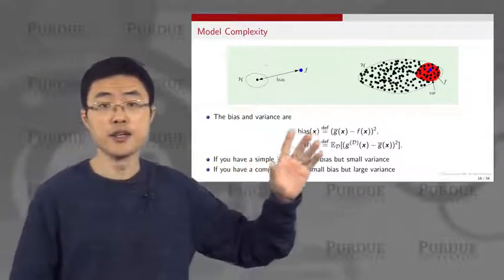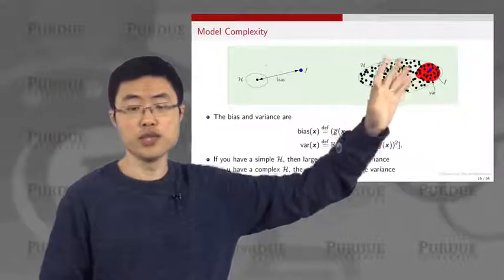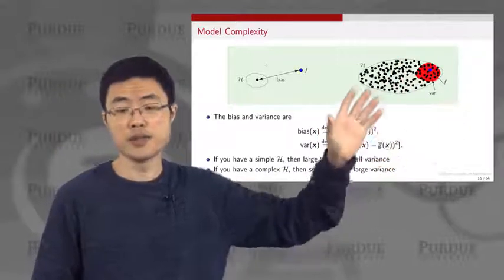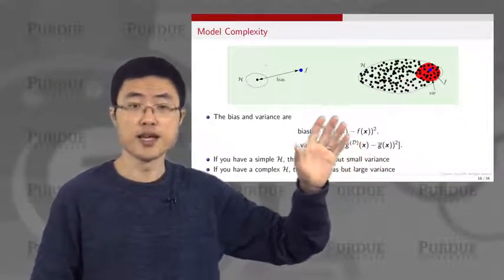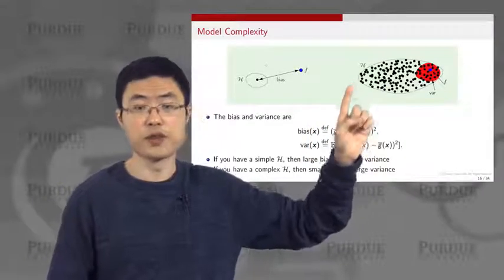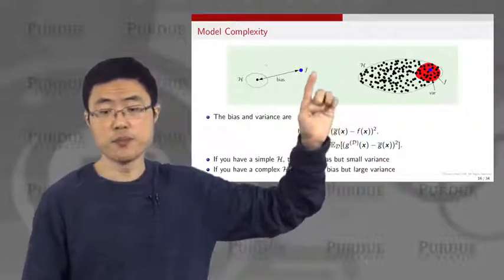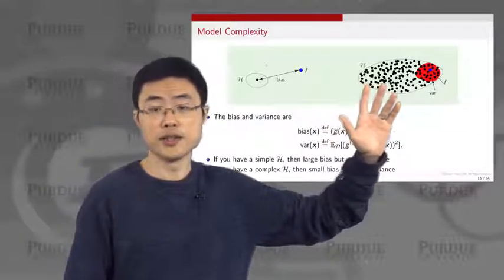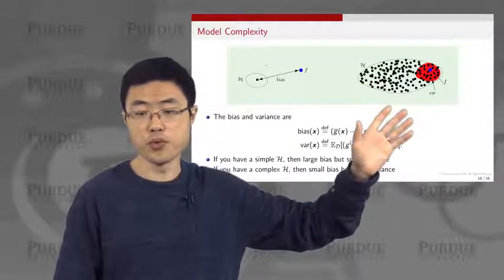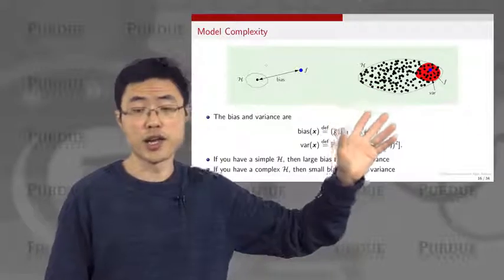On the other hand, if you choose a model like this, where your hypothesis set is extremely large, where you have many different hypotheses coming out from your training sets, so each black dot refers to one g of D, then you can see that there will be a very large set of data points, and you can calculate the variance. The variance will be very, very large.